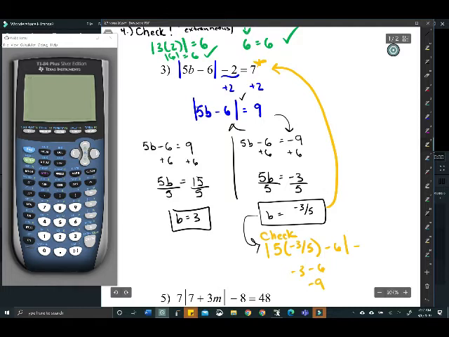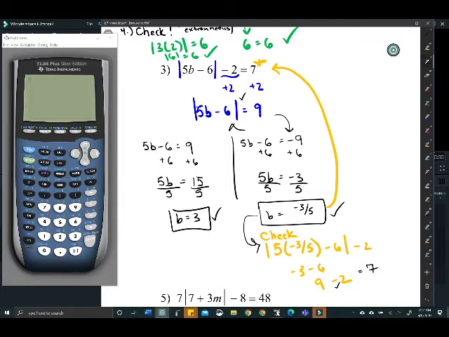Whoops, I forgot the minus 2 at the end. Negative 9, the absolute values, I'm just going to erase them because that would become positive 9. And then minus 2 would equal 7. Okay, so 9 minus 2 is equal to 7. It checks out.